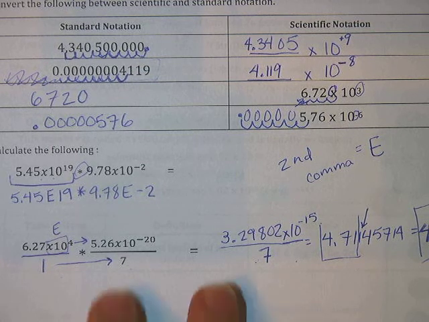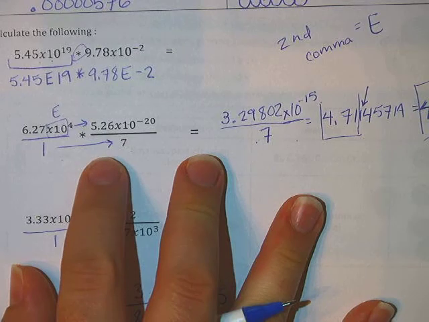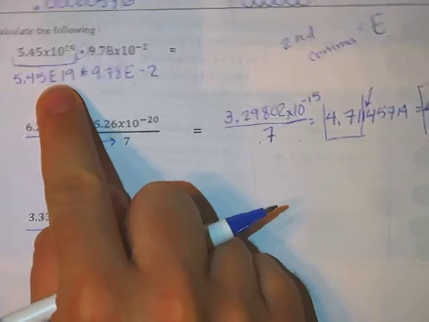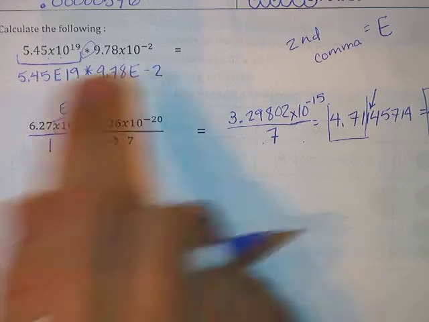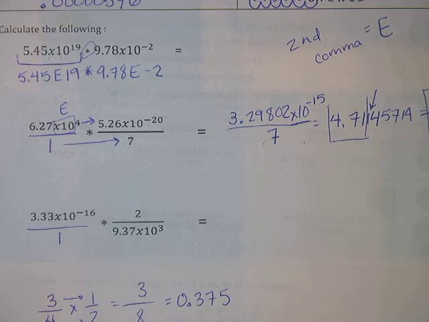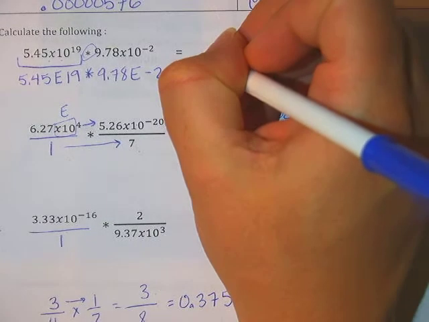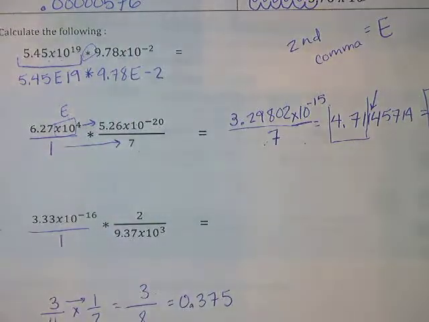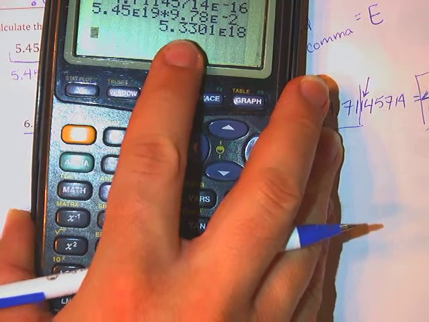When I come down to these calculations, I mentioned how you should be typing this in your calculator using the E button. If you type it in correctly, your calculator should report back to you 5.3301.